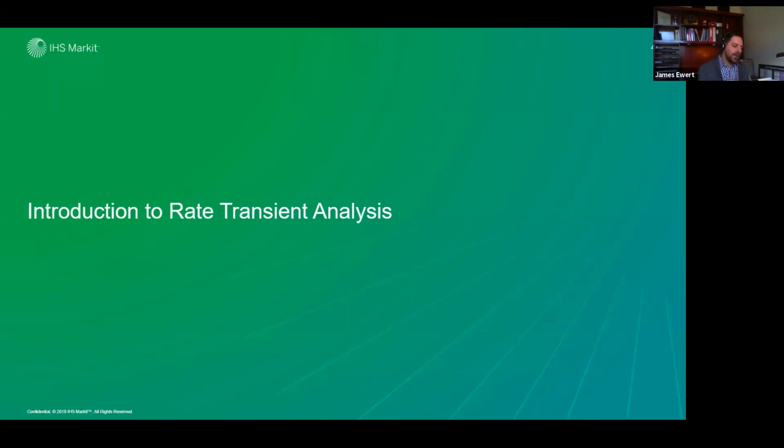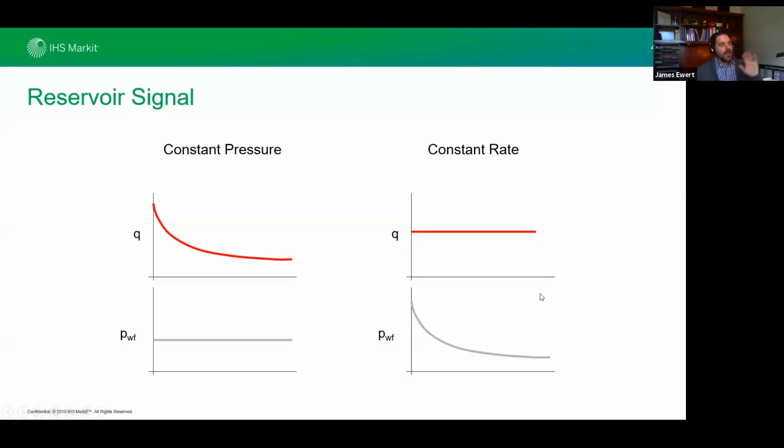And I also want you to know that RTA has gained popularity because unlike declines, it lets us get that EUR from a physics-based perspective and from a model-based perspective instead of just kind of drawing lines. And it helps us get a sense of our total volume, what we've contacted, how big our reservoir is without having to shut in our well. Those are the big major points that we've kind of tackled so far. So with that said, let's talk about rate transient analysis a little bit deeper. Here's that reservoir signal slide again.